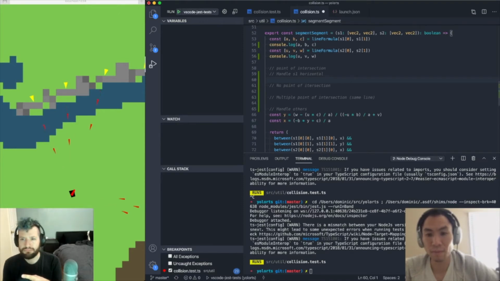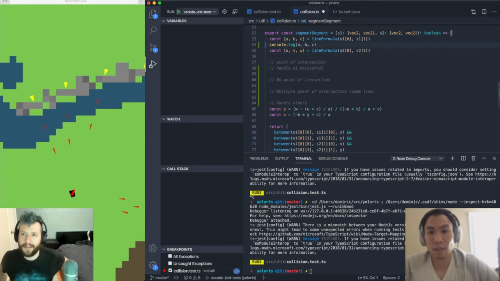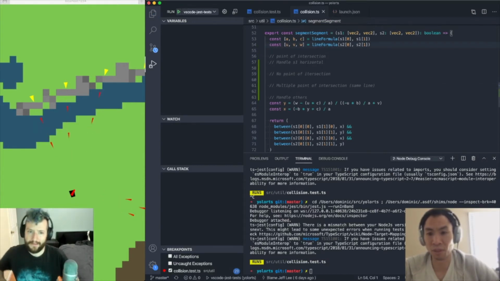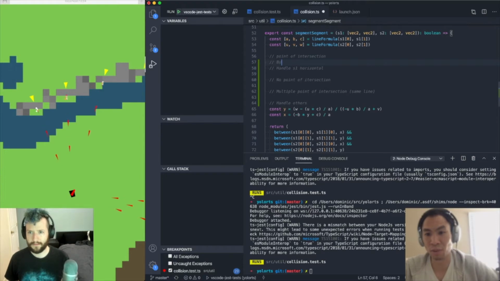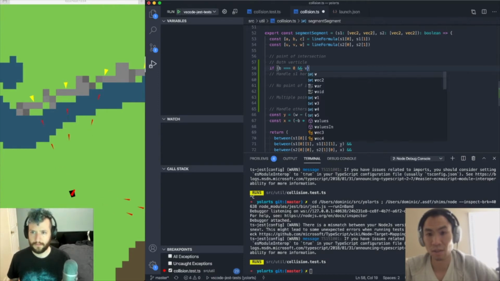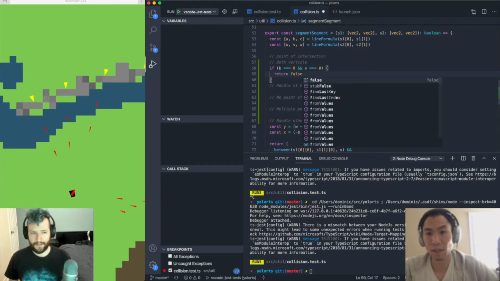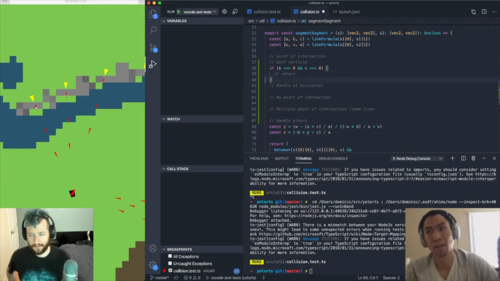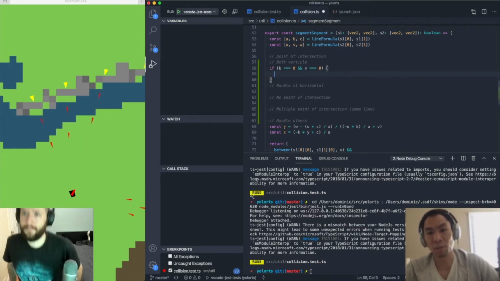So how do we handle that case then? How do we handle the case where they're both vertical? Yeah. We basically have to say, if b equals 0 and v equals 0, it's not that it's going to be false. We'd have to basically do an x-axis overlap check.